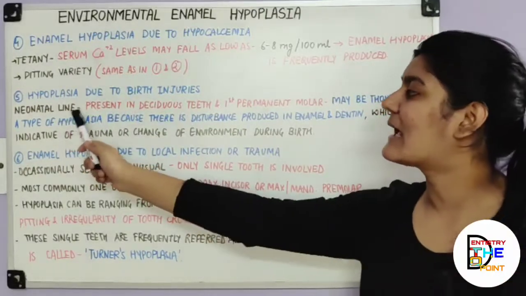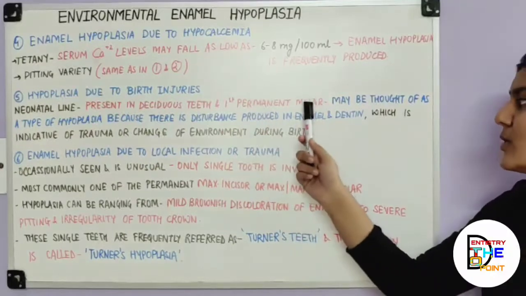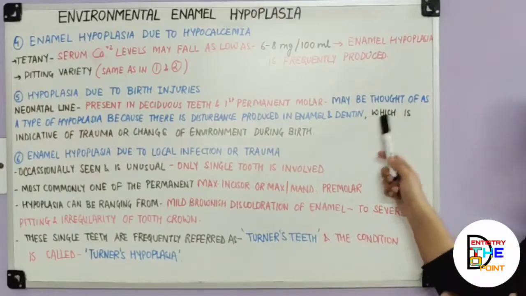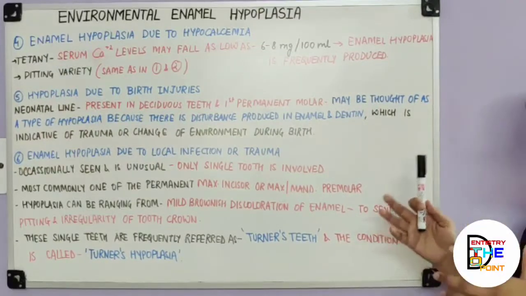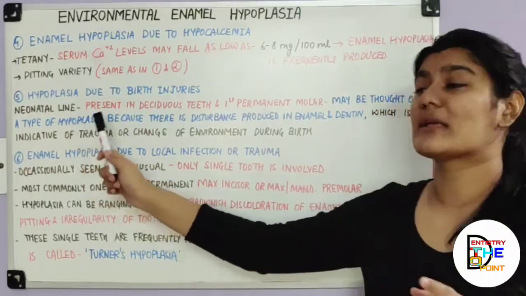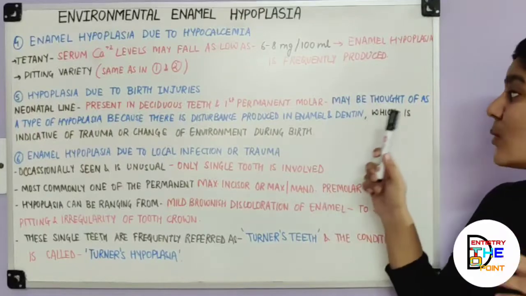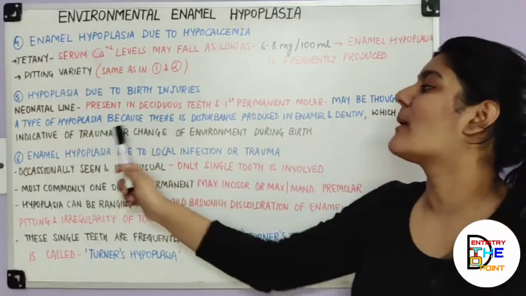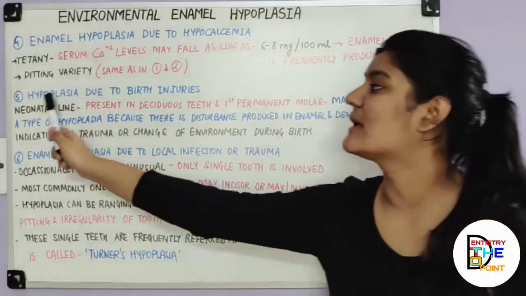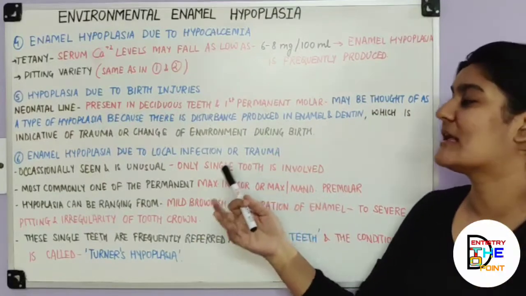The neonatal line is present usually in the deciduous teeth and the first permanent molar, and it is thought by some investigators or researchers to be a type of hypoplasia, because this also results from a disturbance produced in the enamel and dentine, which is indicative of a trauma or change in environment during birth.